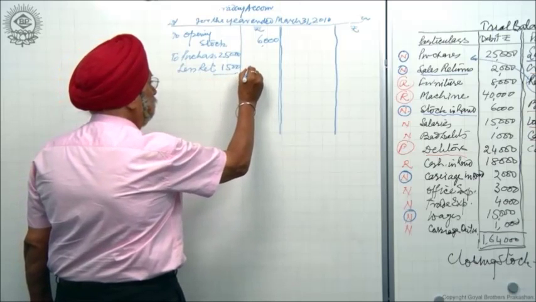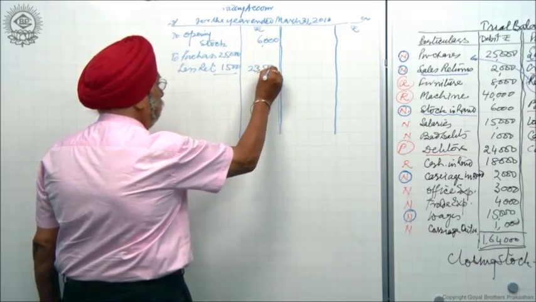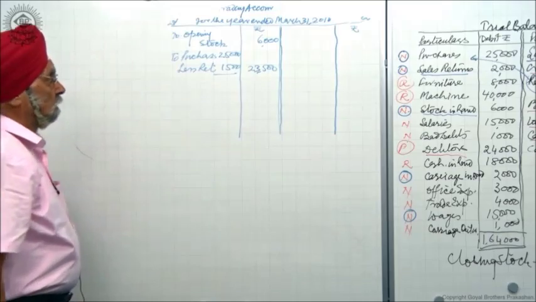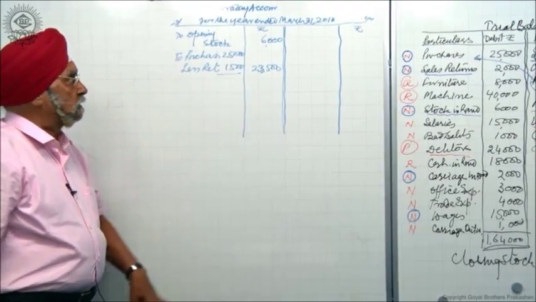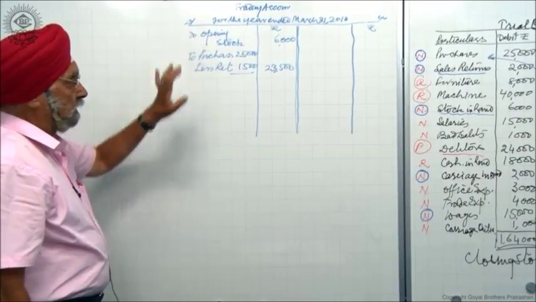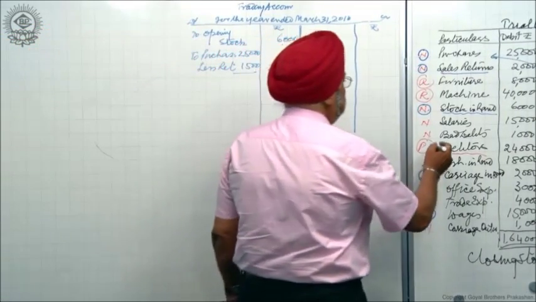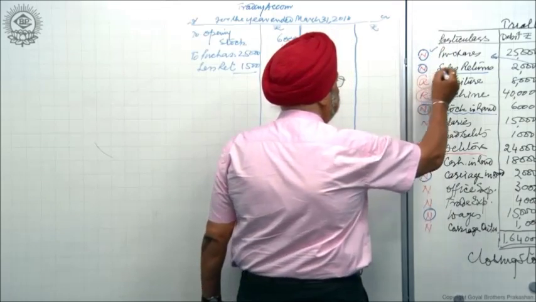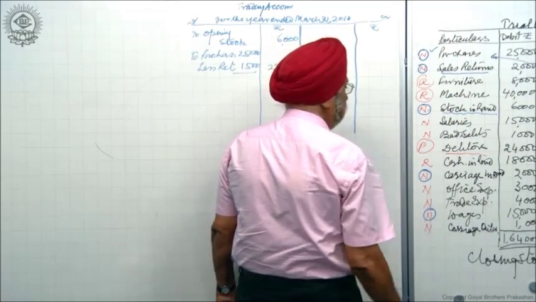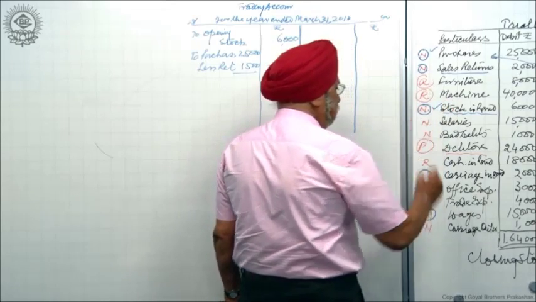So it will be 23,500 here. This is my net purchase. So I have written opening stock and purchases. I tick this. I have written purchases. This will be deducted from the other side. I have a stock in hand, this is done.